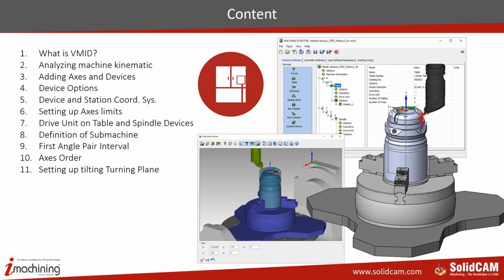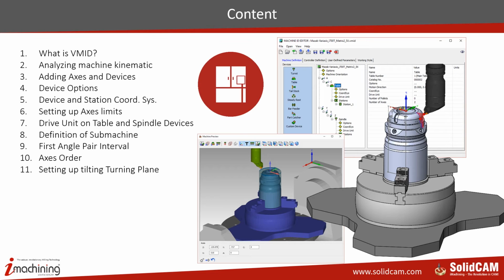So first of all, we'll start with the definition of what is actually the VMID. Then we'll go through analyzing the machine kinematic a little bit. We'll add some axes and devices, show a couple of the options, how to set up where the part is, where the tool is. I'll show you also how to set up the axis limits, one of the very important parameters.